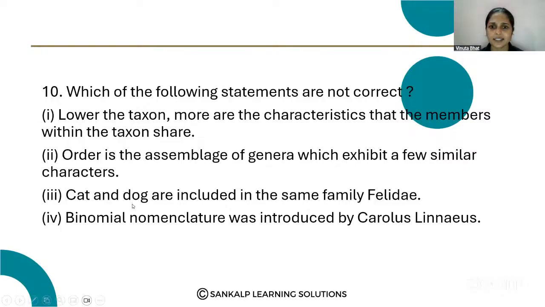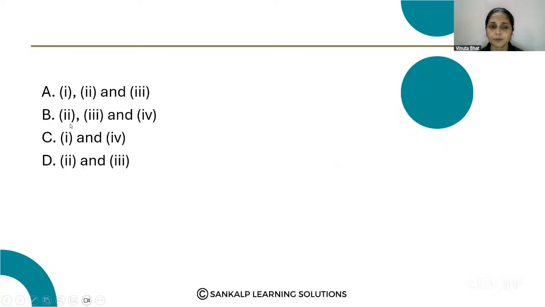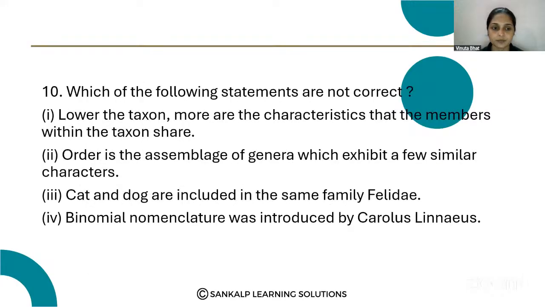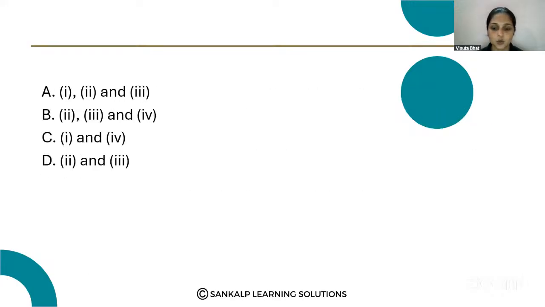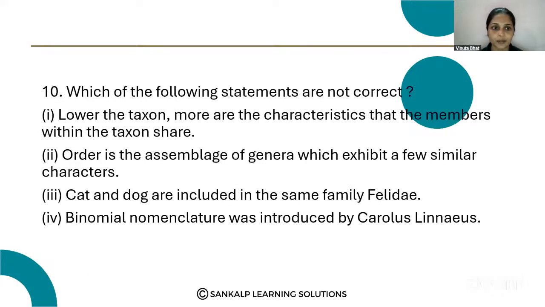So these three sentences are wrong. B, 2, 3, 4. 1 and 4, 2 and 3. Yes, what is the correct answer here? So we did something wrong here. Option D, 2 and 3. Okay. Here, yes, this one is the wrong one.